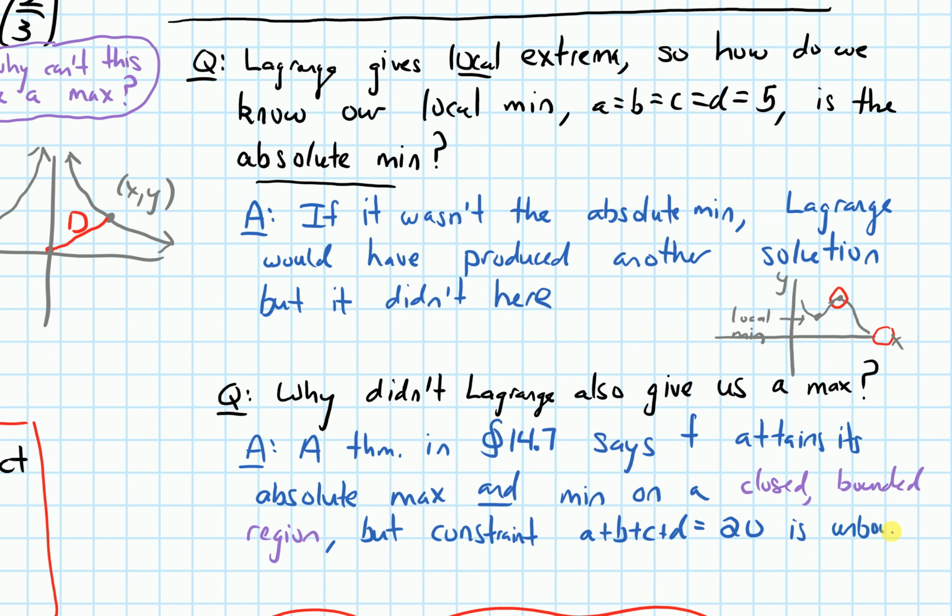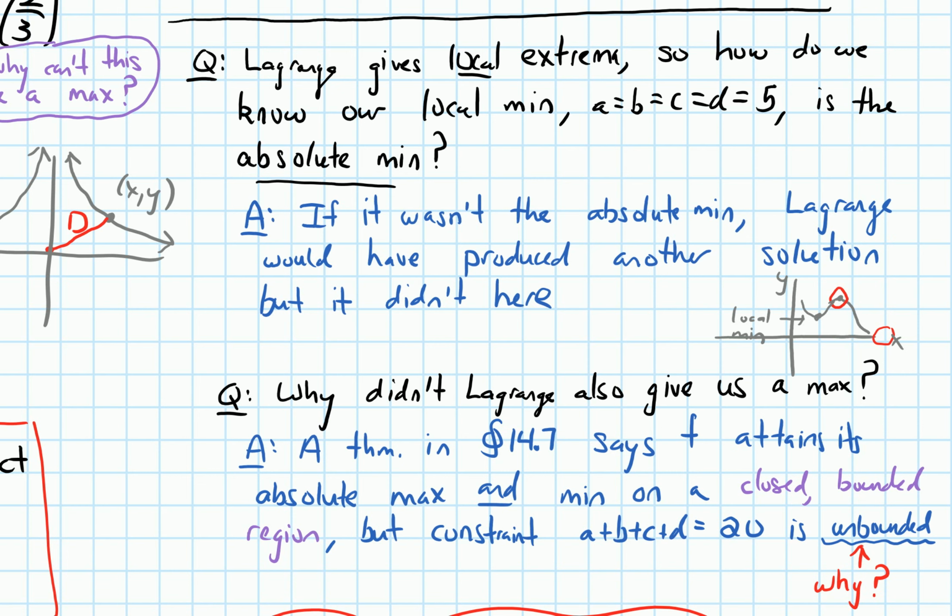It is not bounded. By unbounded, I mean there are places where it could go off to infinity. And I want you to think about, why is that? Why is this equation, a plus b plus c plus d equals 20, unbounded?